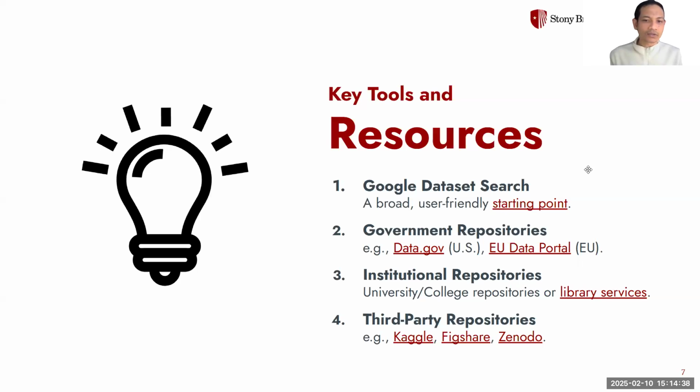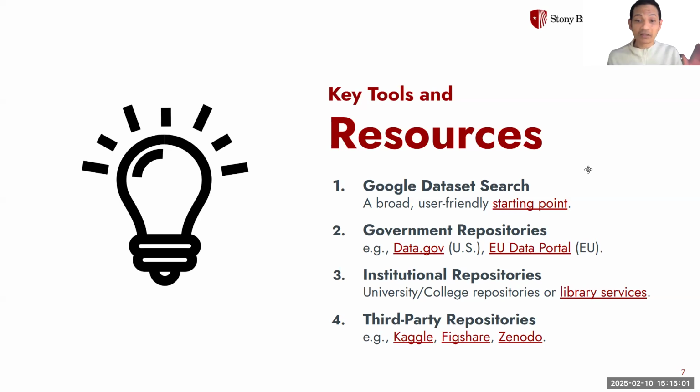And then finally, we also have third-party repositories, platforms like Kaggle, Figshare, or Zenodo, for instance. Kaggle is well known for machine learning computations, but it also hosts large collections of user-contributed datasets. It's very famous among data science enthusiasts.